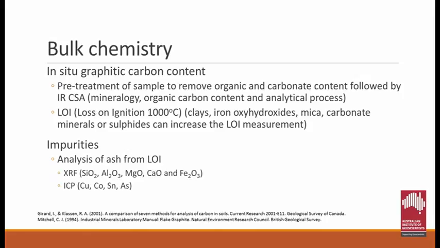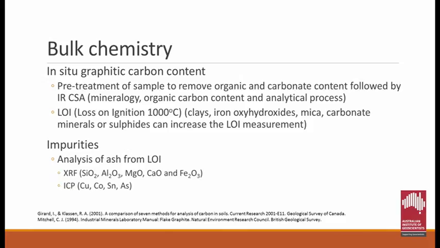If your sample has, again, some carbonate material, some clays or iron oxyhydroxides, that would affect the result, as well as sulphides, because they also lose weight on loss on ignition. Moreover, some minerals can actually gain weight. You have to make sure that you know your sample very well.